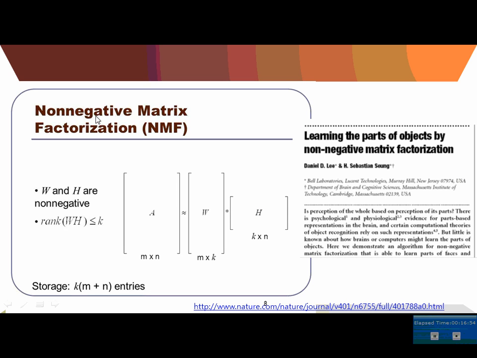The matrix A can be written approximately as a product of these two non-negative matrices of rank less than or equal to K. The paper by Daniel Lee and Sebastian Seung at MIT enlightened the power of this method. It appeared in Nature, and Sebastian Seung, who is Korean American, got the Ho-Am Award two years ago, I think, in Korea.